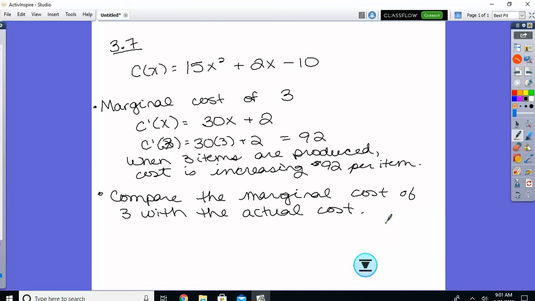We just said when we produce 3 items, we expect our cost to be going up by 92. If I want to compare that with the true cost of producing that many items, marginal cost tells you how the cost changes. So if I want to figure out how the cost changes, what do I need to do?